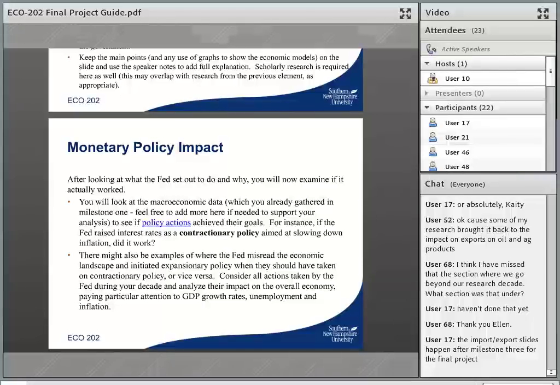You certainly aren't expected to talk about that in this element, but if you feel comfortable and you find good information and you want to, by all means, go ahead. We can definitely talk about that here. Like Ellen mentions, we are going to have slides specifically devoted to trends in imports and exports separately once we get to that section.